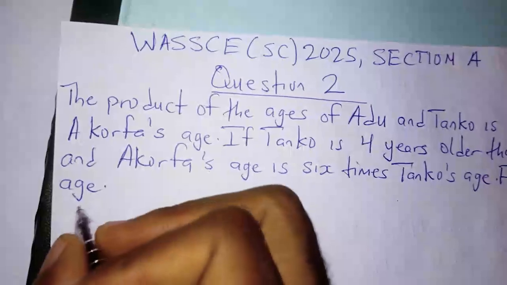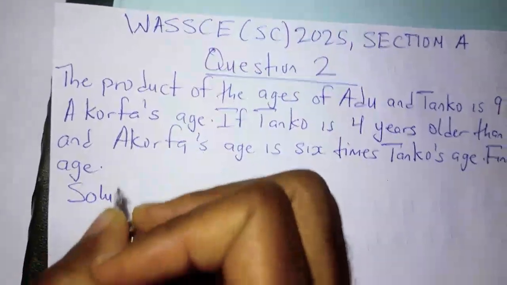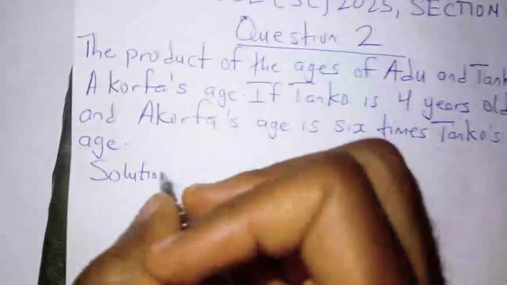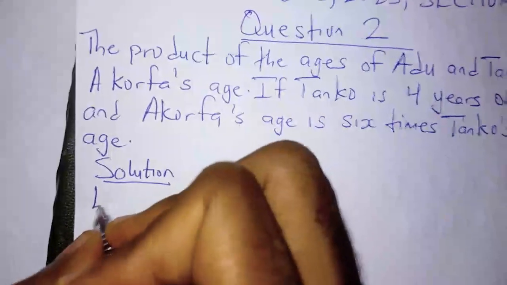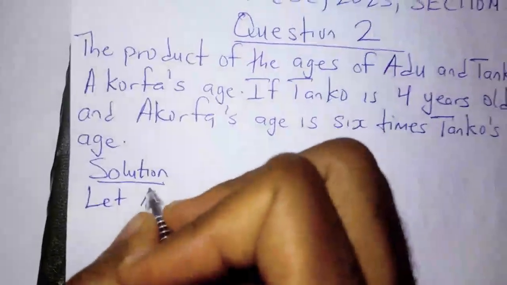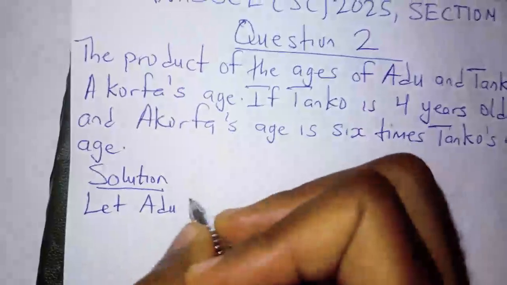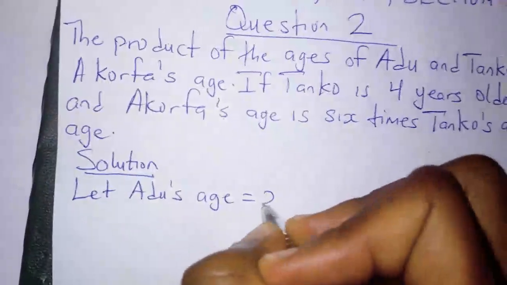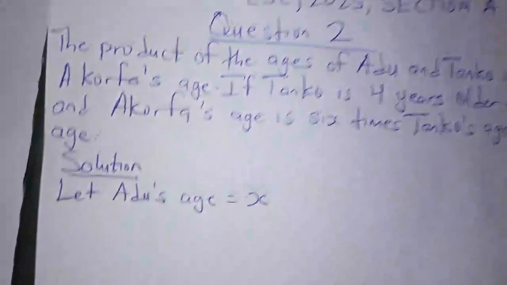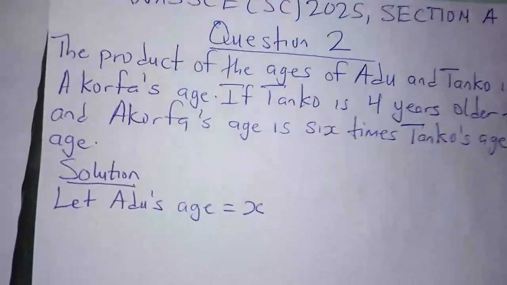So my solution, I hope you can see my handwriting. Just manage it. So let Adu's age be equal to x. I like using x very well in mathematics.